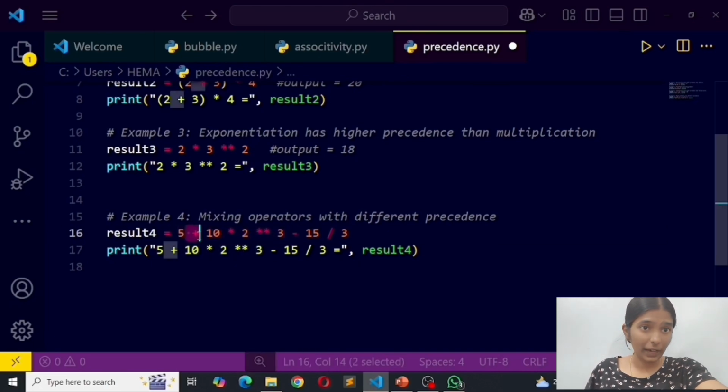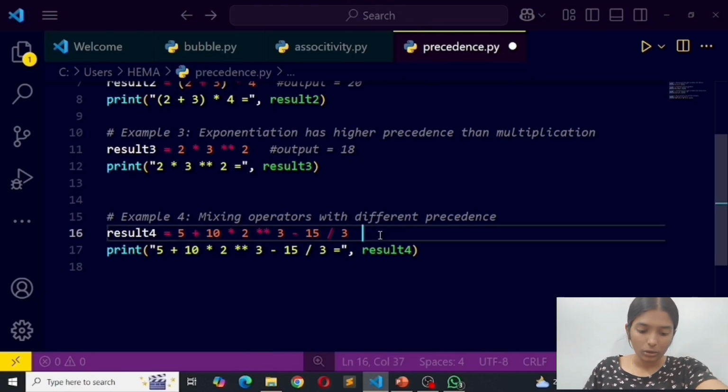So 80 minus 5 is 75, plus 5 gives us a total of 80. So here our output is equal to 80.